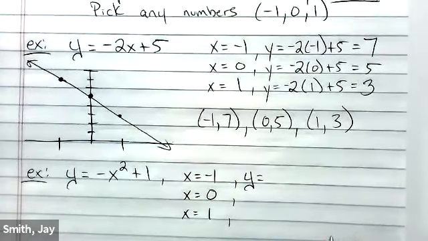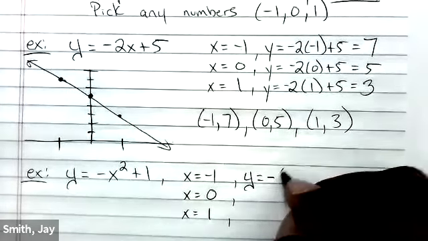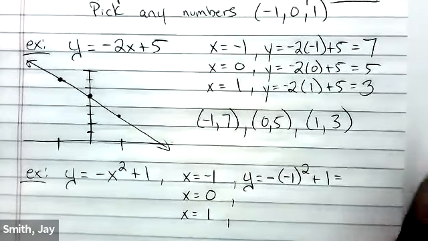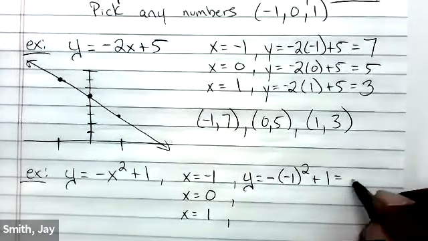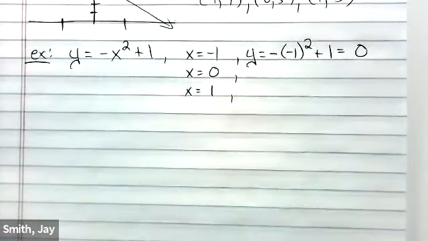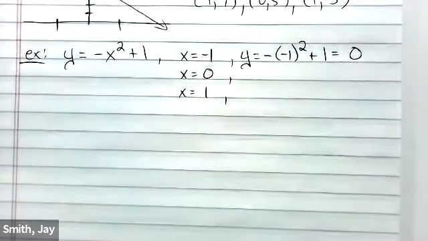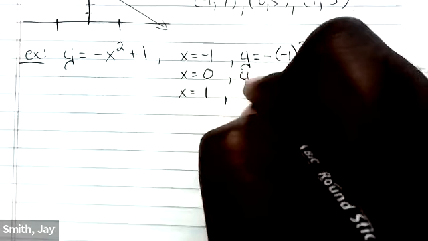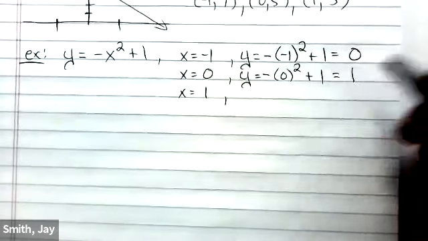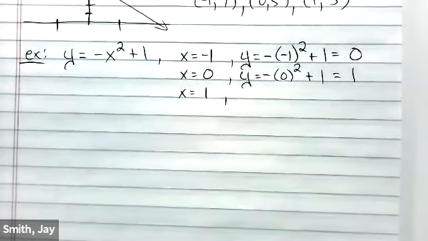So for x equal to -1, we will have -(-1) squared plus 1, or we end up with 0 when we plug in -1 for every x in the given equation. Second, we'll end up with -0 squared plus 1, or we end up with +1.